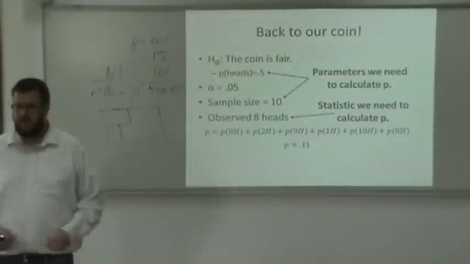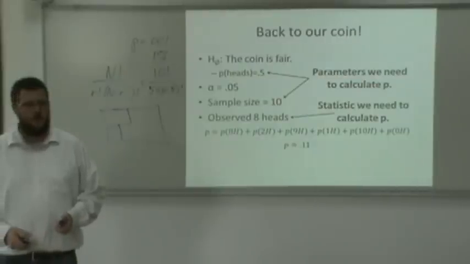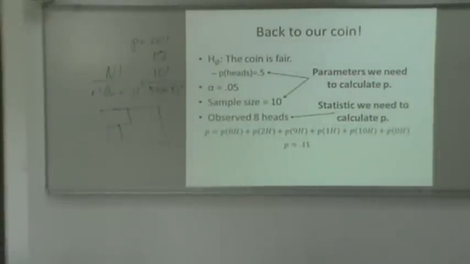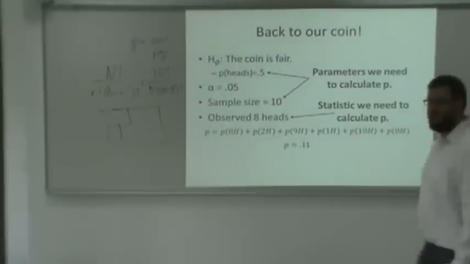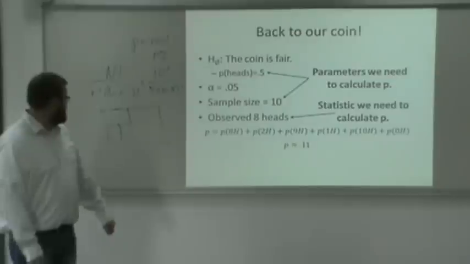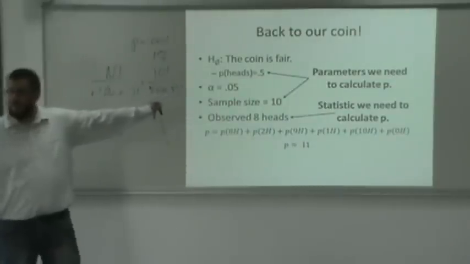What do we do? We compare it not to the B value. We don't have a B value up here yet. We compare to the A, right? So we compare P to alpha.